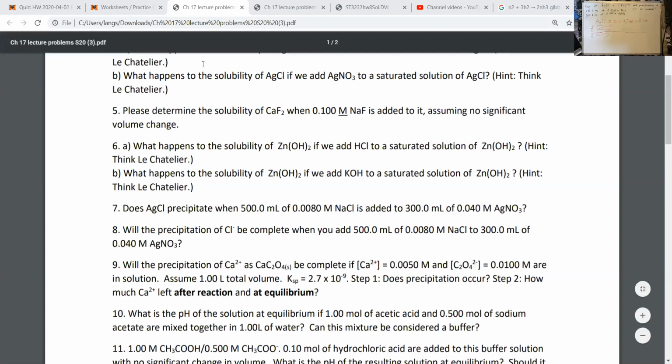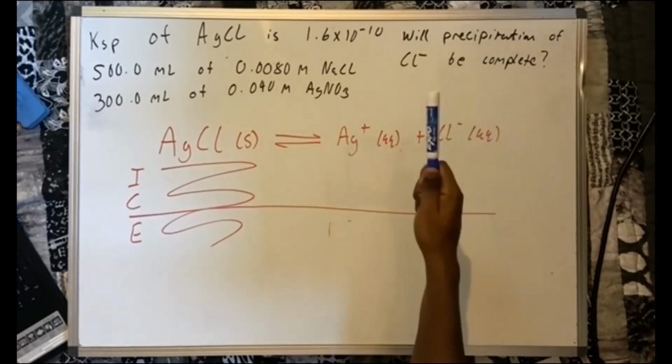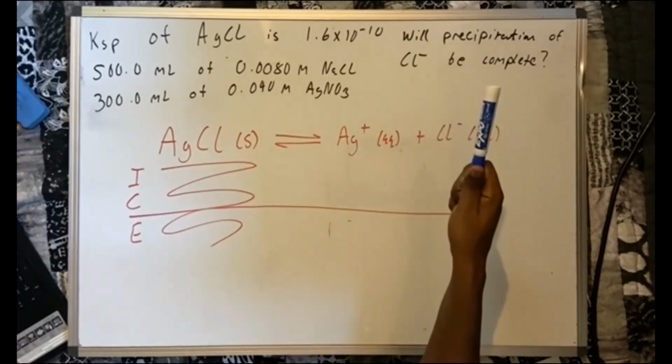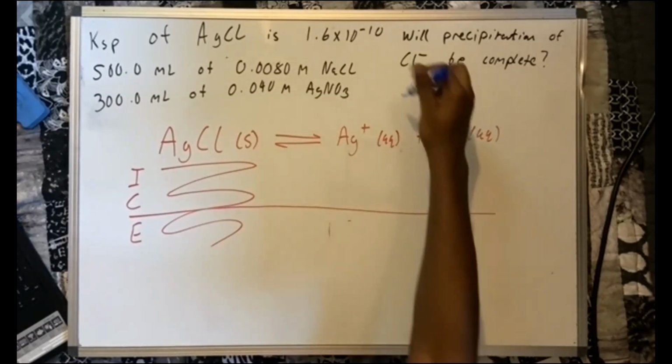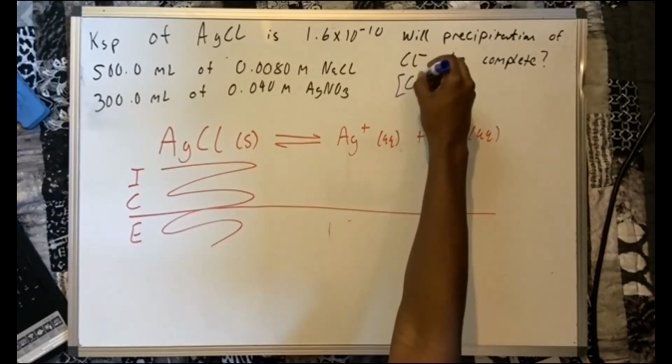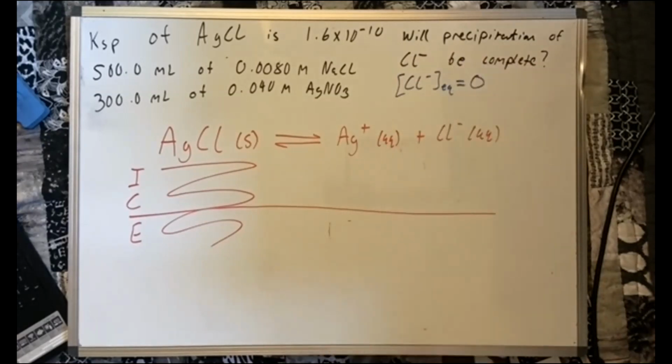First thing, you got to know what it means when it says, will the precipitation be complete? That essentially means, as it tells you in the next question, that the concentration of Cl minus at equilibrium will be 0.